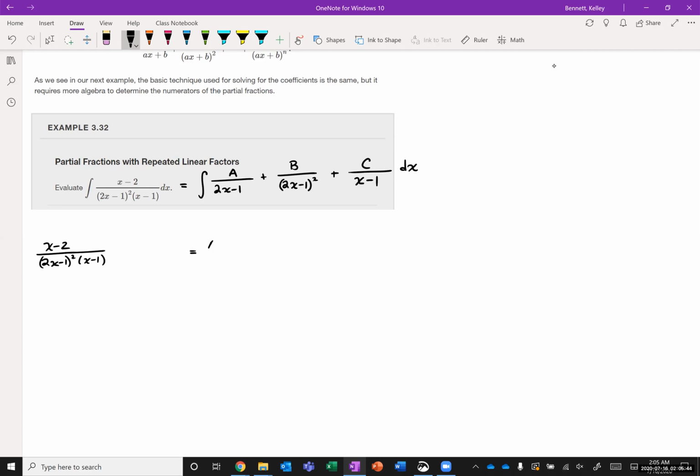And this is meant to equal, yes, I intentionally left the space there. I know I demonstrated this principle in the earlier video, but the idea again is to multiply by the whole denominator. So 2x minus 1 squared by x minus 1, and then the same over here.